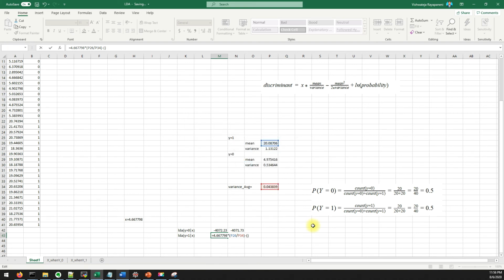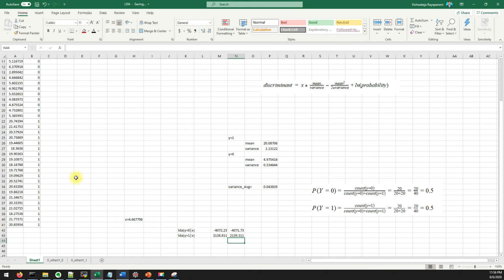My mean when y equal to 1 is 20, whole square, divided by 2 into my variance, right? And this is the value, so I need to add my probability, which is 0.5.